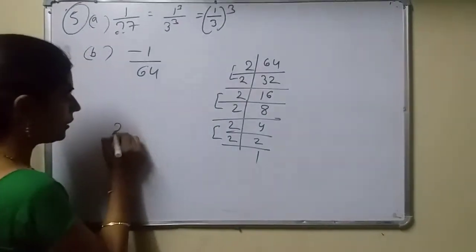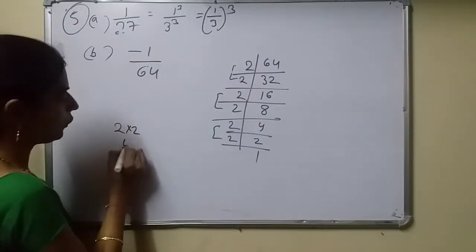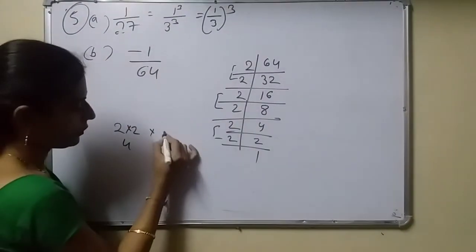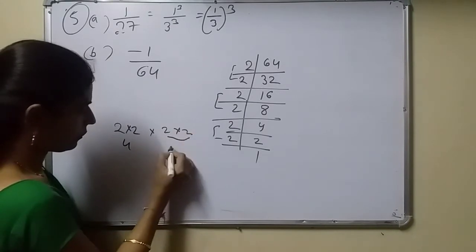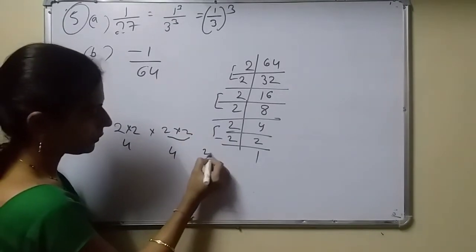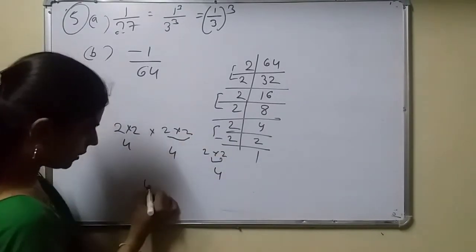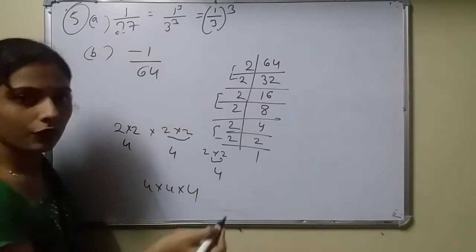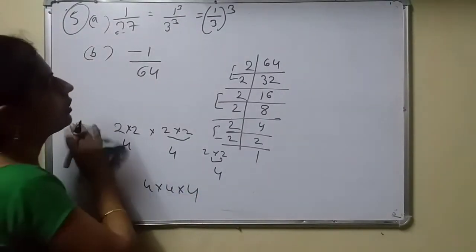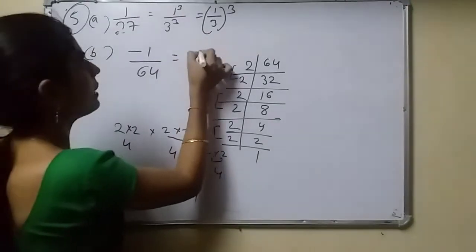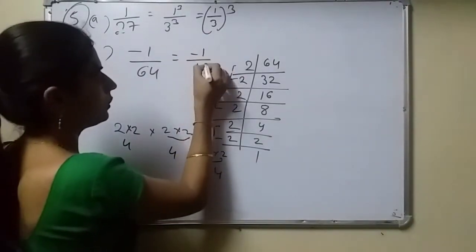If you are multiplying 2 into 2, 4, and again 2 into 2, 4, it means 4 into 4 into 4. Directly you can write here the cube of 4, that means minus 1 by 4 cube.